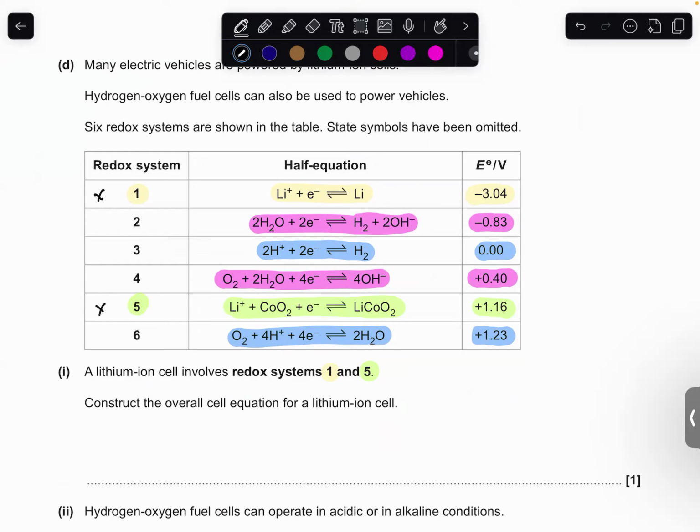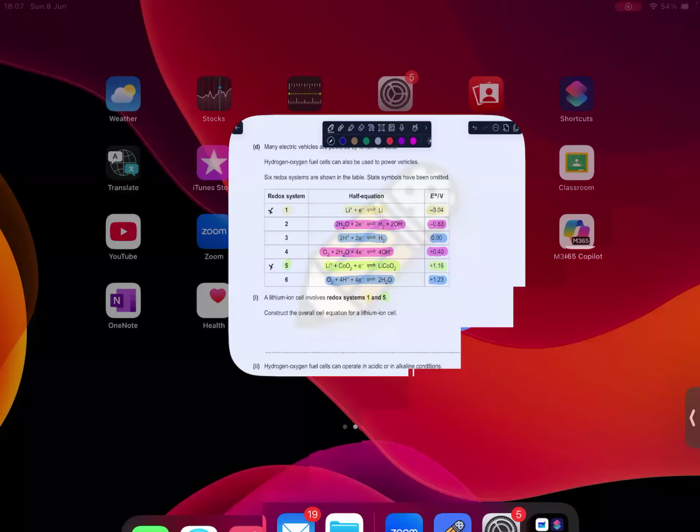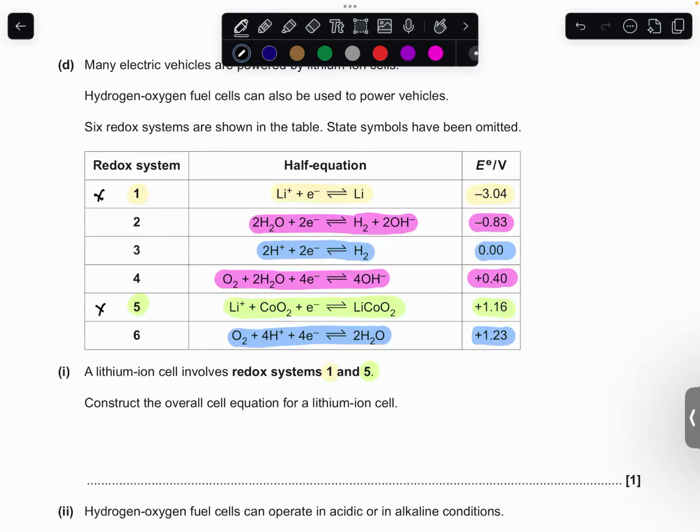You know what? This whole topic can be summarized by this one rule. That one rule is when you're combining 2 redox systems, whichever one is the more negative, that one you flip the equation. That goes in reverse. So the one that's more negative, which is this one, you flip it, and so this was going to be going in this direction.